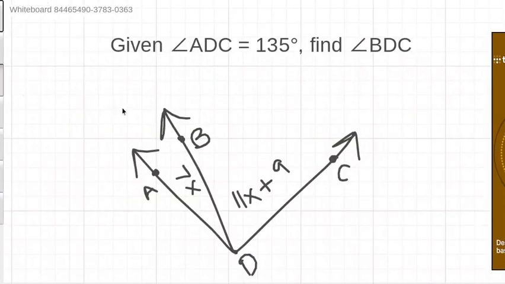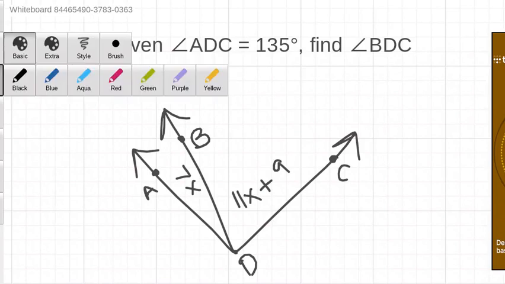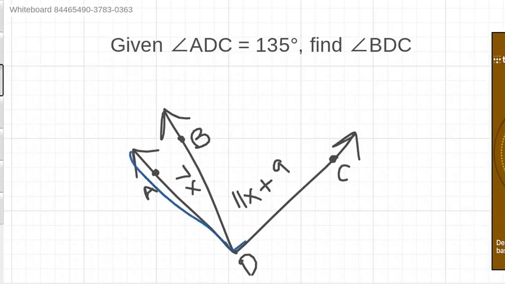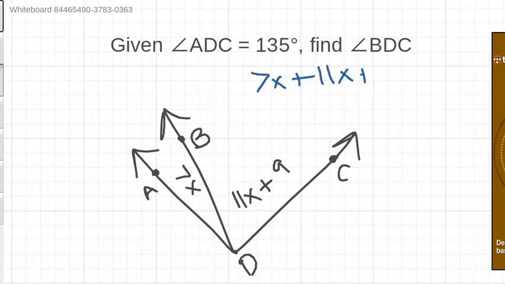Alright, given ADC equals 135, find angle BDC. So we know that ADC is 135, and we want to find out BDC. So we know that 7x plus 11x plus 9 equals 135 because those two smaller parts will equal that bigger part.